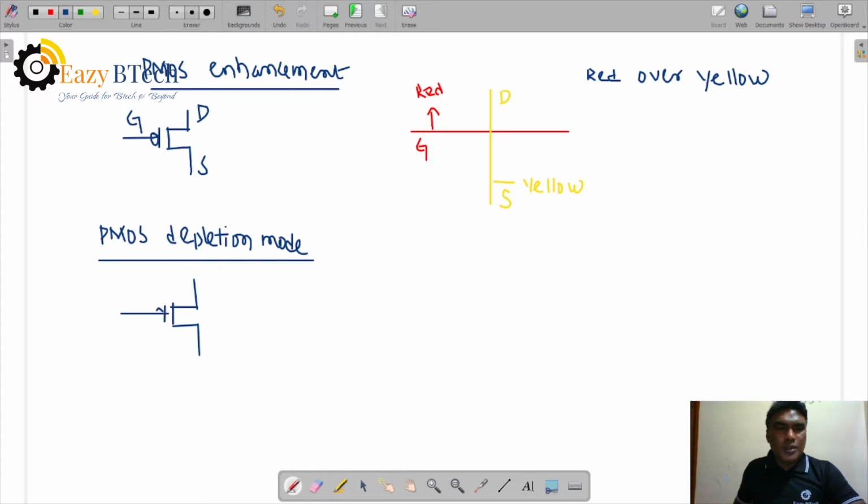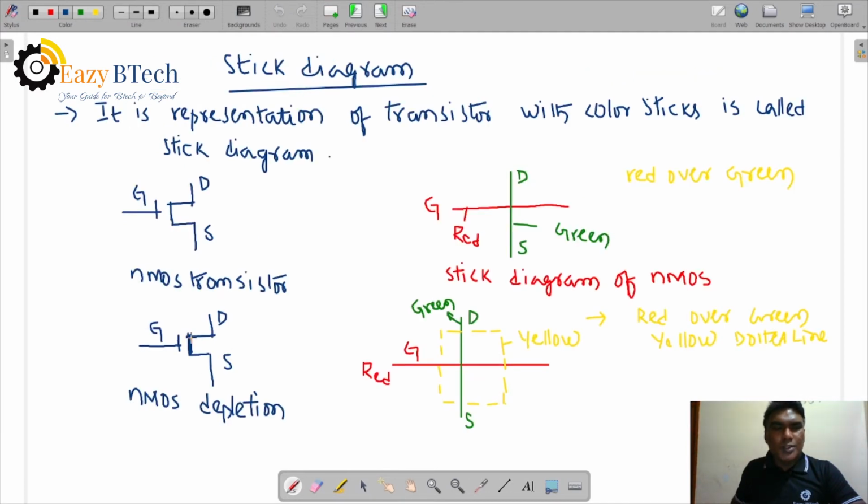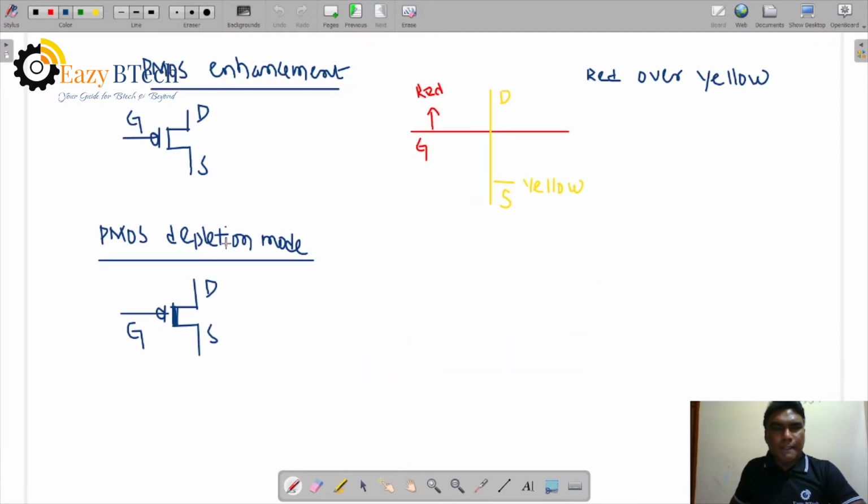In the depletion symbol, there is a thick line between drain and source, meaning a channel is established between drain and source. In NMOS also we see channel establishment between drain and source. It is a depletion mode transistor. So as with the NMOS transistor, a yellow dotted line is there, and it is red over yellow with a yellow dotted line.